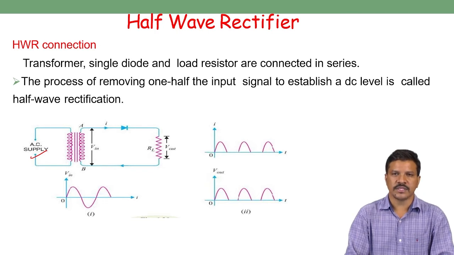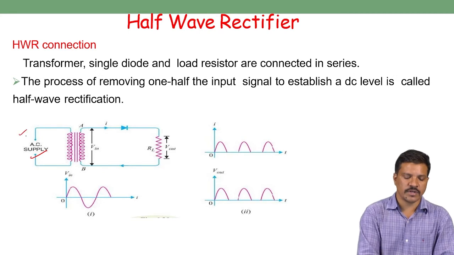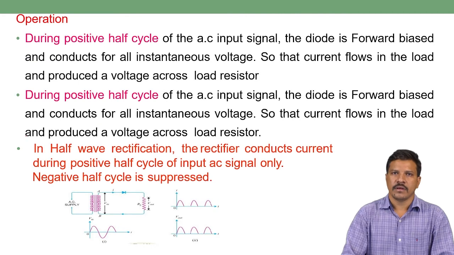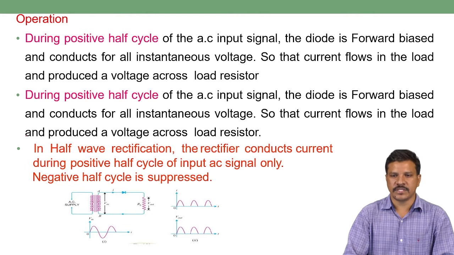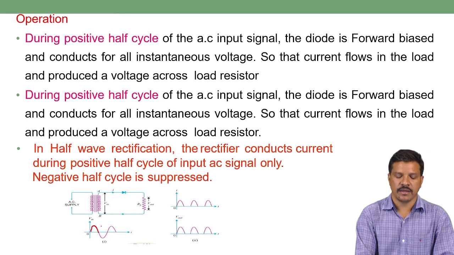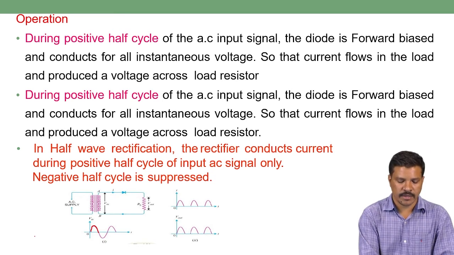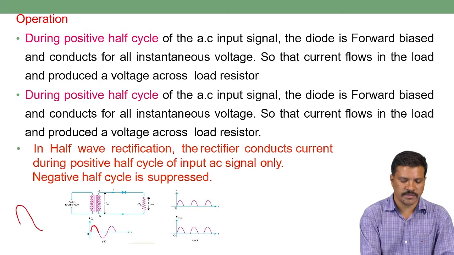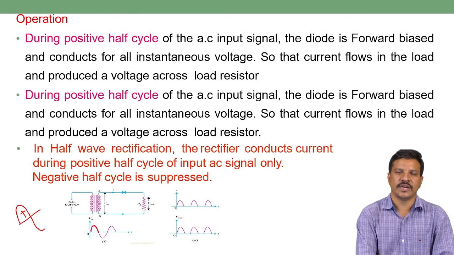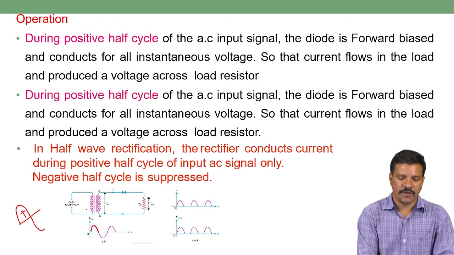Now see how this circuit converts the AC signal into pulsating half-wave rectified output. Operation during positive half cycle of the AC input signal: the diode is forward biased, because the positive half cycle, which represents the positive instantaneous voltage or current, is given to the diode.